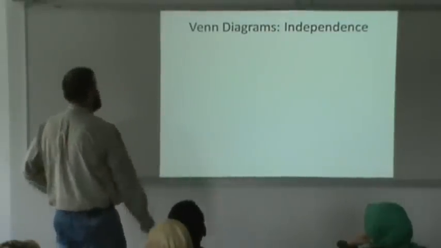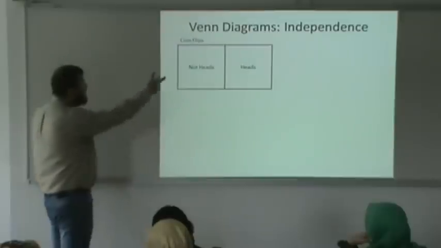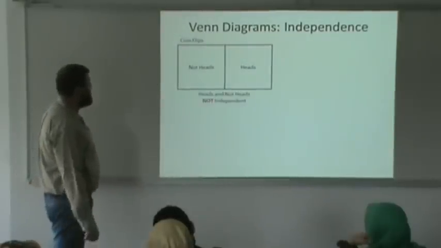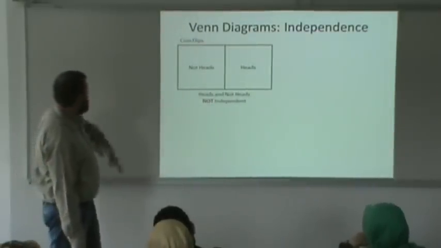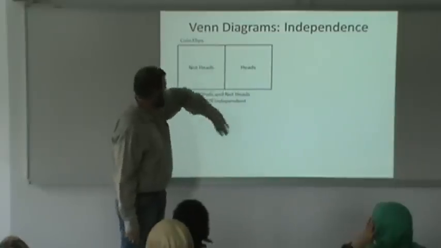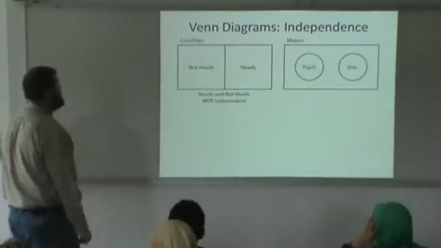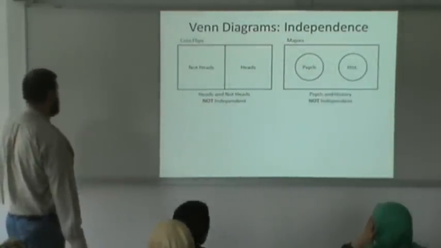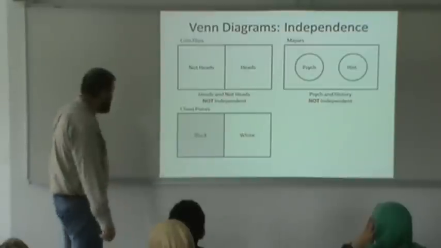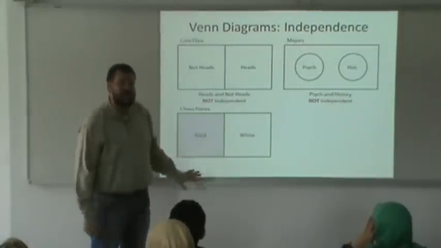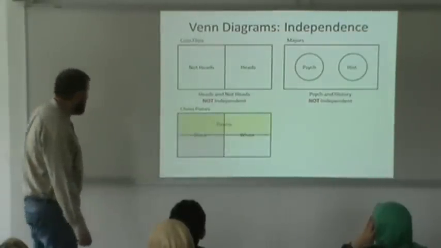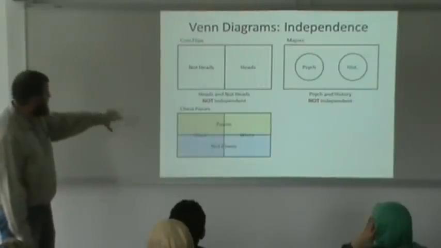So, if we use the Venn diagrams to look at independence, here the coin flips, those are not independent, right? If we know one thing, then we can tell exactly what it is. With majors, we have the same thing, not independent. How about chess pieces? We've got our black pieces and our white pieces. If we look at pawns, this is not pawns.